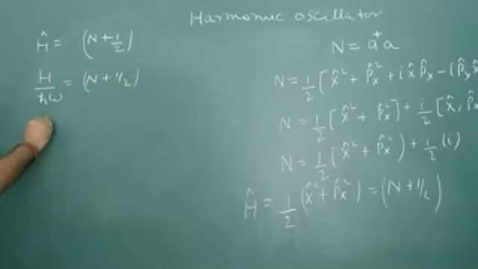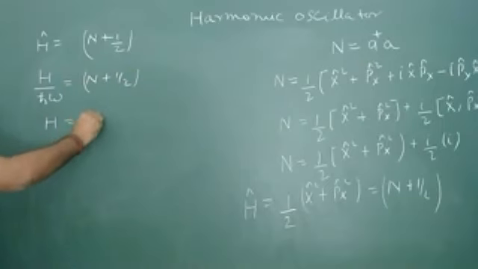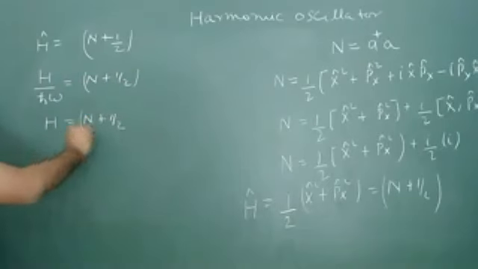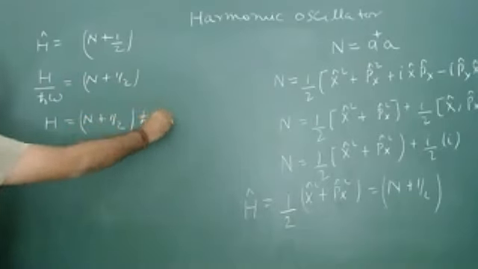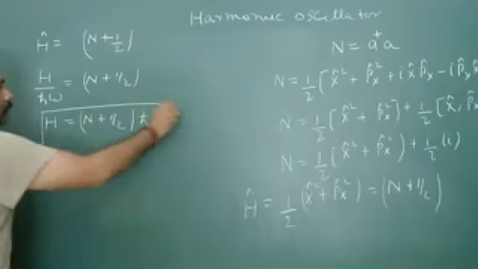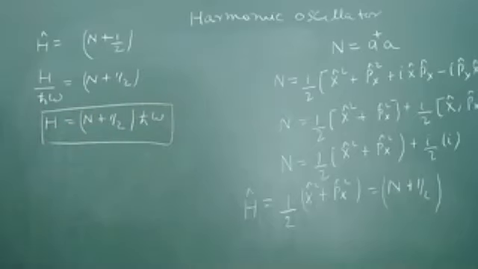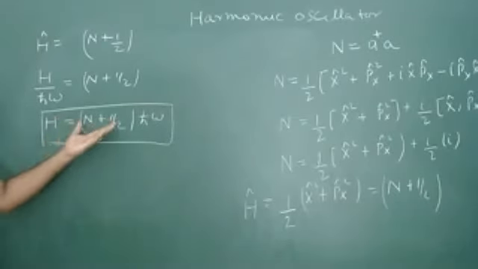And what is H? H is nothing but (n + 1/2)ħω. Now, this is my Hamiltonian for a harmonic oscillator. Look at how simple it is.